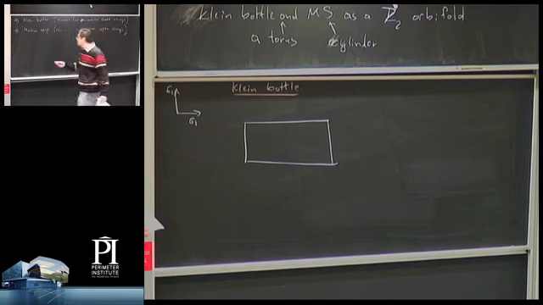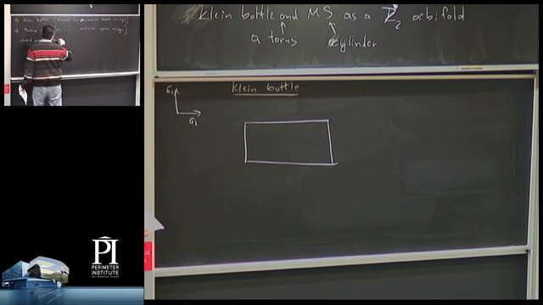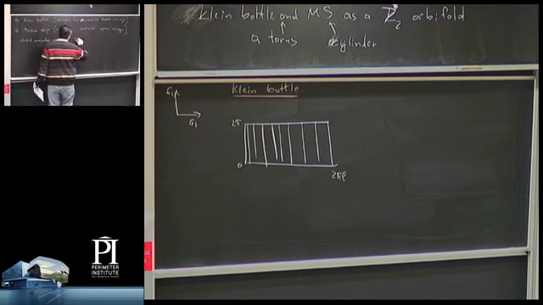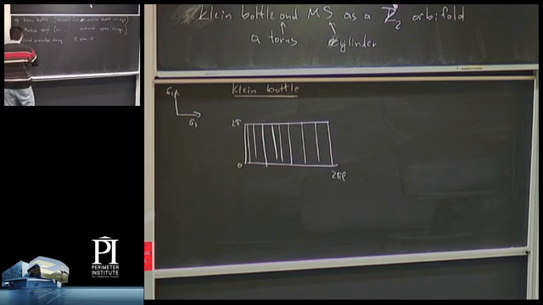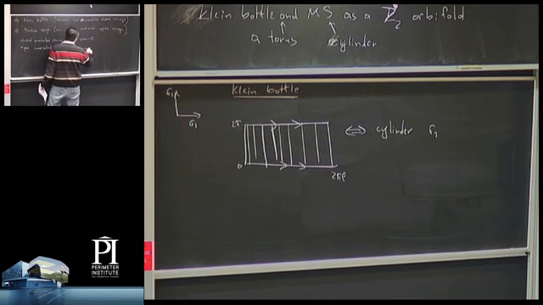In the case of closed unoriented strings, we have a symmetry where one of the worldsheet coordinates sigma 1 goes to minus sigma 1. And for open unoriented strings, what's going on there?